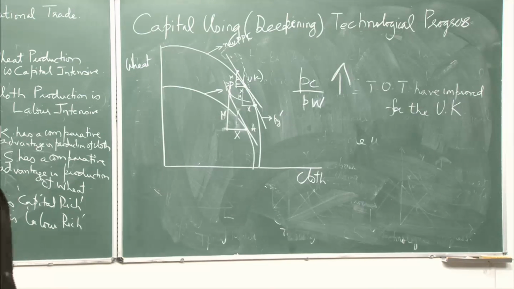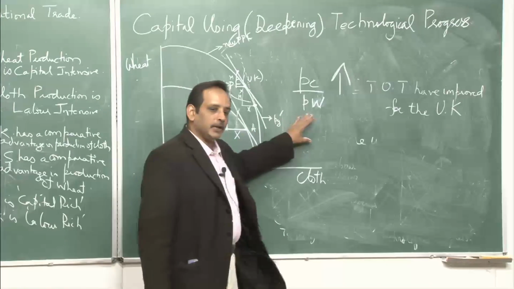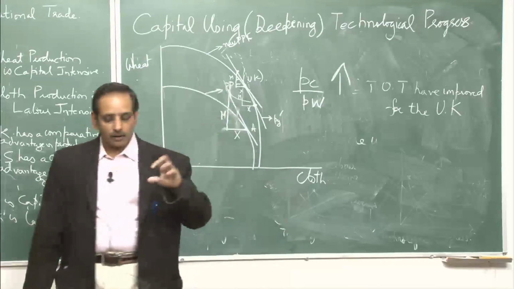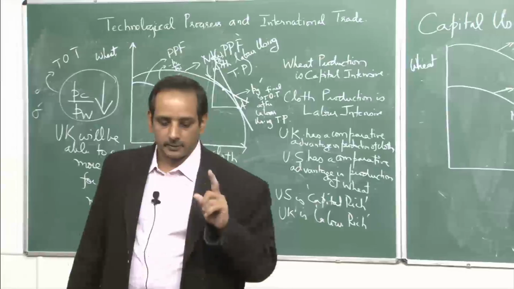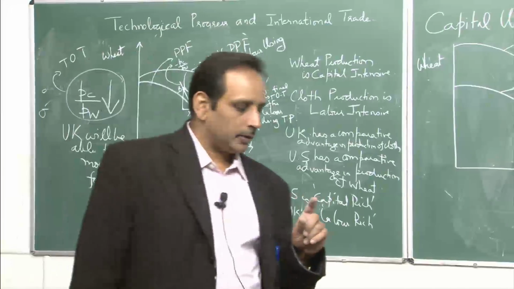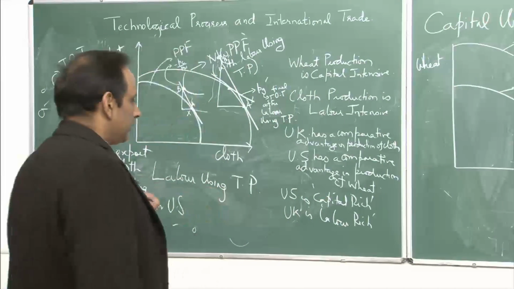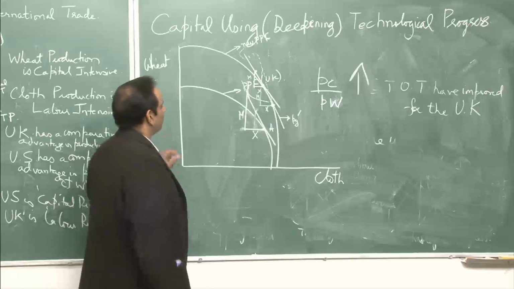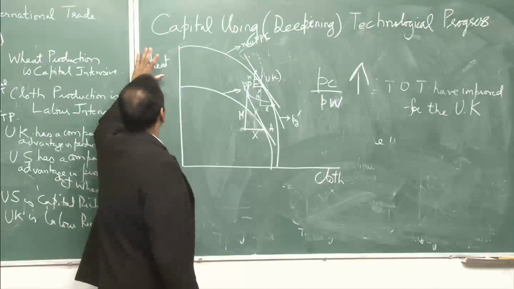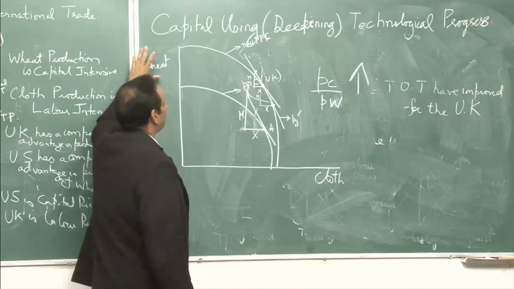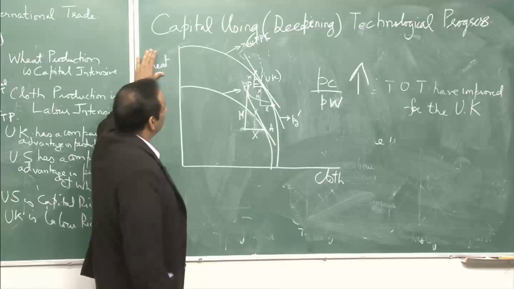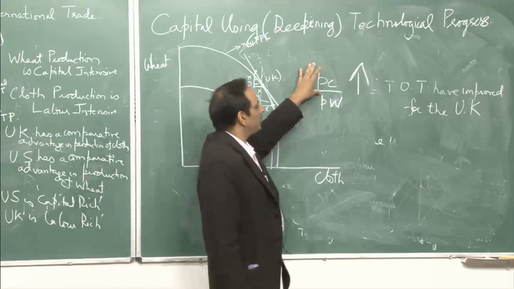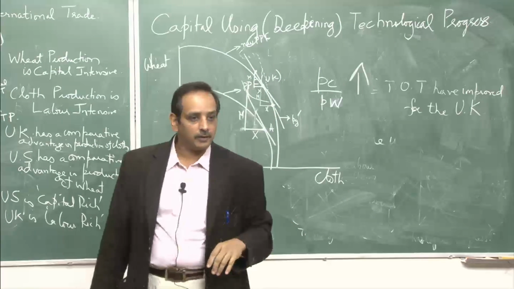So, then what are the policy implications? If the technological progress takes place such that the commodity in which the country does not have a comparative advantage gets affected, then you will see an improvement in the terms of trade.